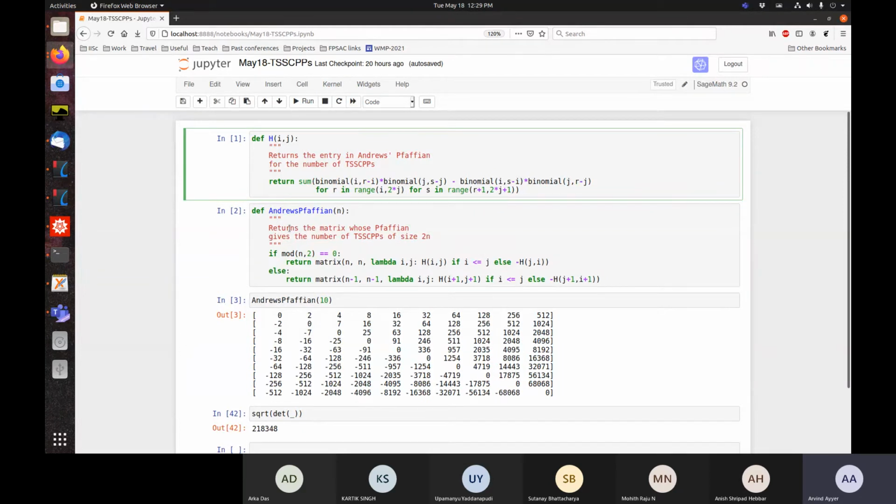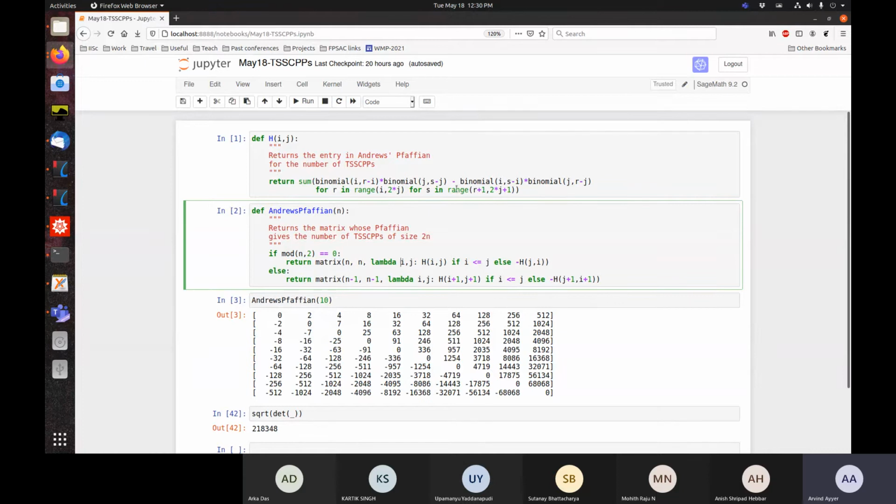And I've called this Andrews Pfaffian, which defines this matrix, and if n is even, then it's an n by n matrix. It's naturally indexed from 0 to n minus 1 by Sage's convention. And I use this lambda notation to say it's hij, this hij, if I is less than or equal to j, otherwise it's minus hji. This is just to make sure it's symmetric.